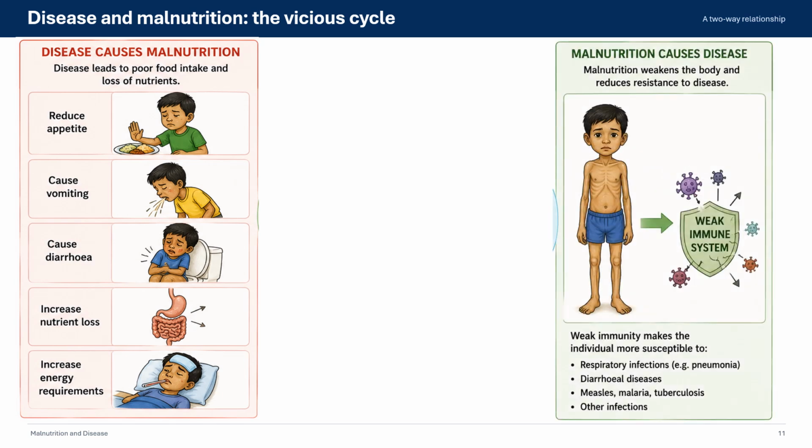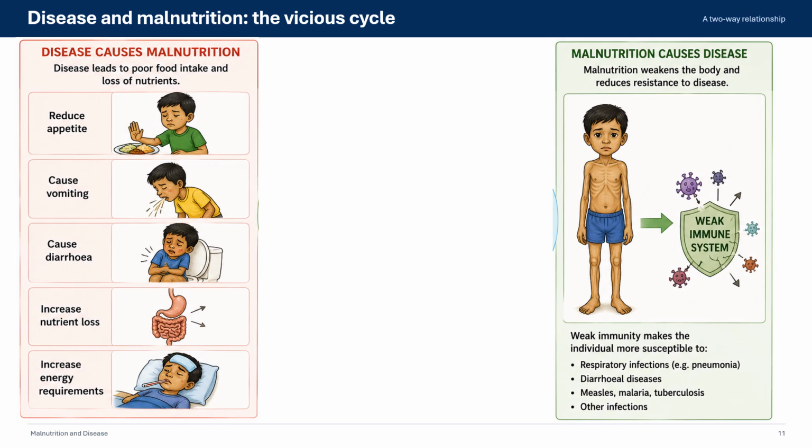On the other hand, malnutrition also causes diseases, as we have seen in previous slides. Malnutrition generally weakens the body and reduces resistance to diseases. In essence, malnutrition affects the immune system of the body, making the individual more susceptible to infections such as respiratory diseases, diarrheal diseases, measles, malaria, tuberculosis, and several other infections.